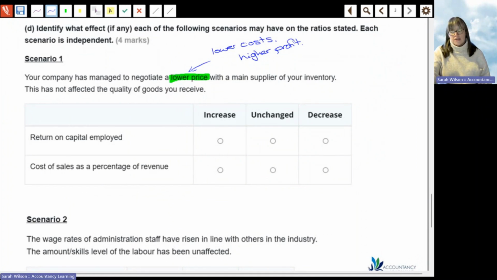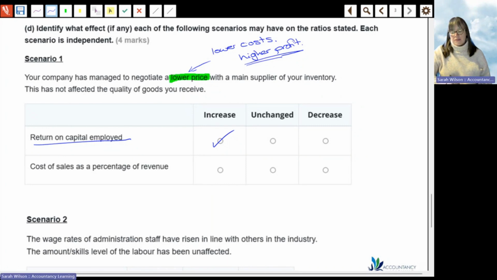So lower costs will be higher profit. So the higher profit part of it means that when we're looking at our return on capital employed, it means that we're going to have a higher return. We're getting more profit back on what capital has been employed in the business, what investment there is in the business. So that means we're going to have a better return on capital employed.